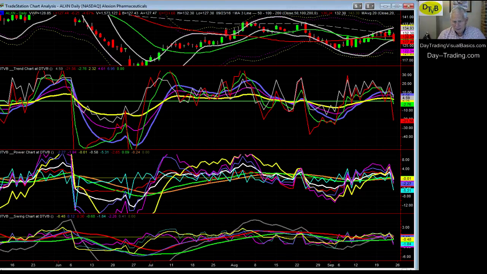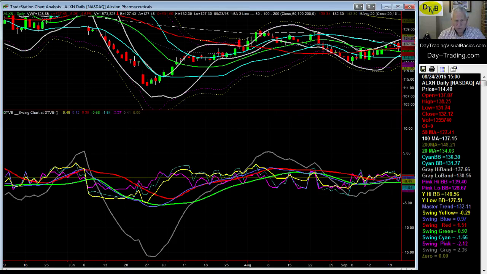Now, as long as I'm on the swing chart, all of these charts are set up on the same symbol. I'm using ALXN, and it's the summer of 2016.